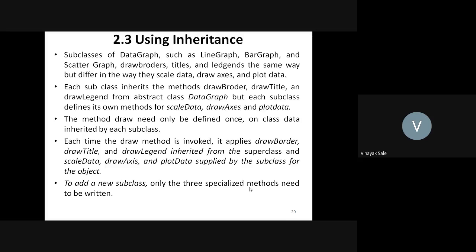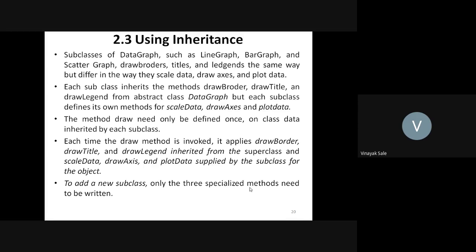Each subclass inherits methods draw border, draw title, and draw legend from the abstract class data graph, but each subclass defines its own method for scale data, draw axis, and plot data.